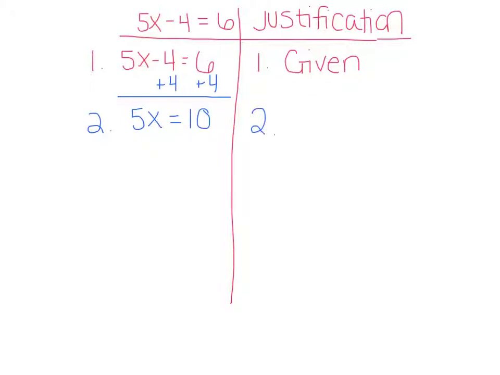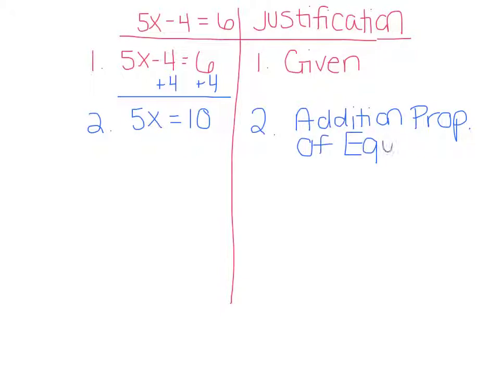Now think to yourself for a minute, what property did we use when we added 4 to both sides to get 5x equals 10? Hopefully you thought of the addition property of equality. If you did, you are correct. So that's your justification for step 2.